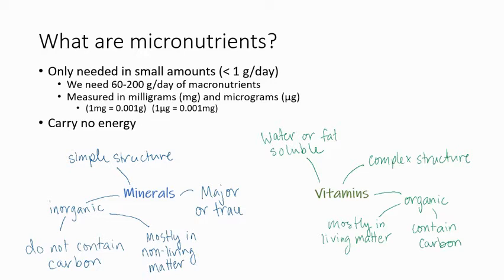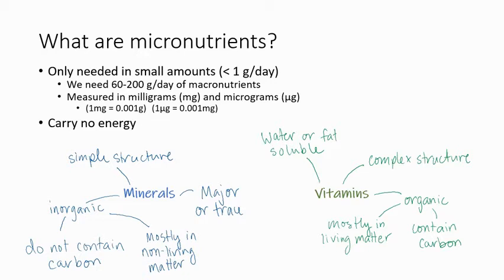Vitamins, on the other hand, have a much, much more complex structure if we're thinking of the chemical structure. There are two categories. They can be water or fat soluble, and that's actually a little bit important. It determines how we can best ingest them and absorb them, and then what our body does with them. Water-soluble vitamins, if you have too much of it, you actually just urinate them out in that watery urine.